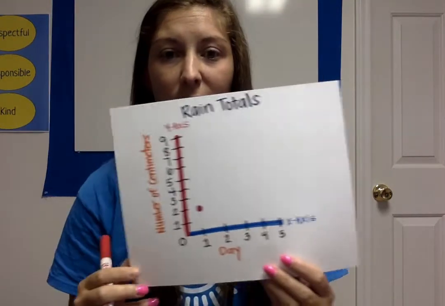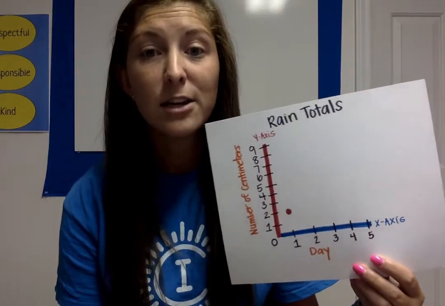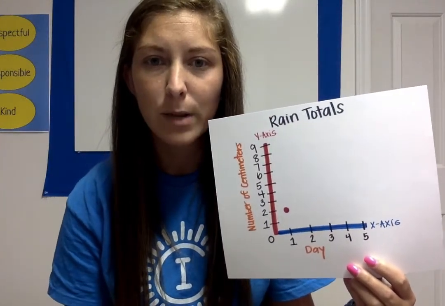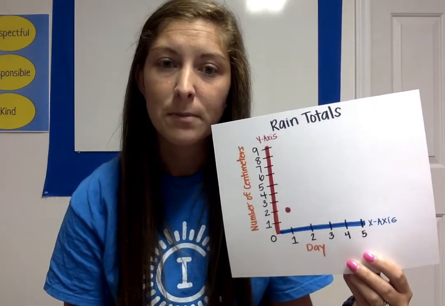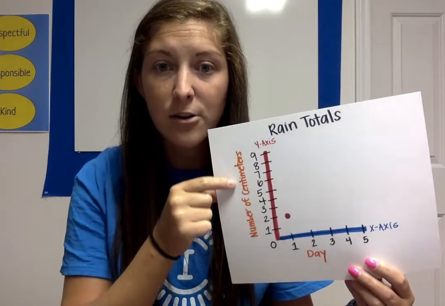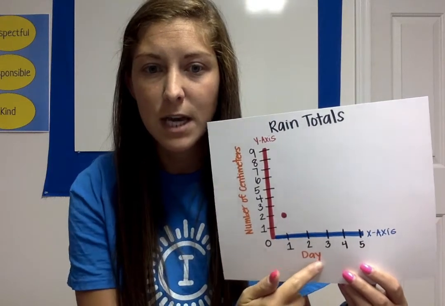If you ever have a line graph that isn't labeled with the axes, I would definitely encourage you to get those labeled. It just helps you remember and helps you know the locations of the different points when you're being asked questions. The other piece of the line graphs, obviously, is going to be our different titles on the side. These are our axis labels here.